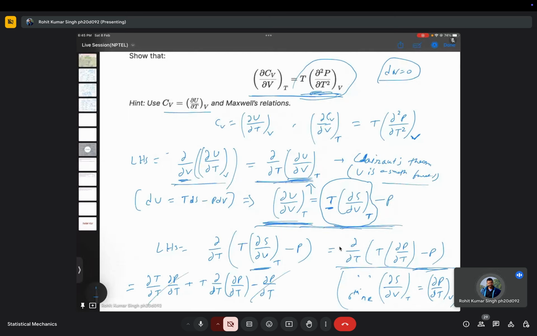So this cancels this, and what you are left with is square, which is the RHS, right? See how Maxwell relation helped us here.